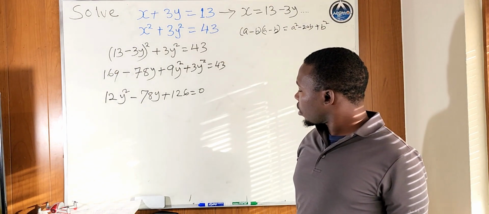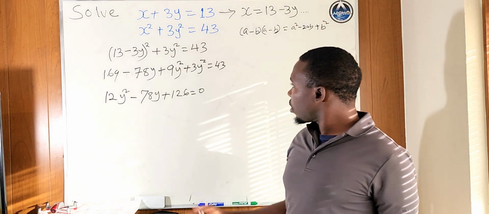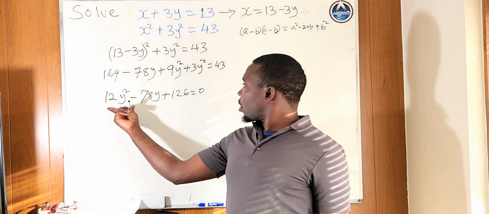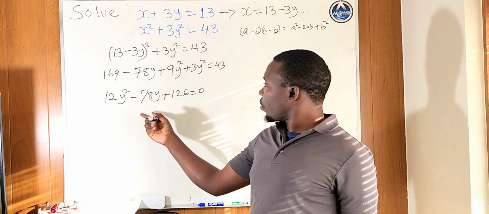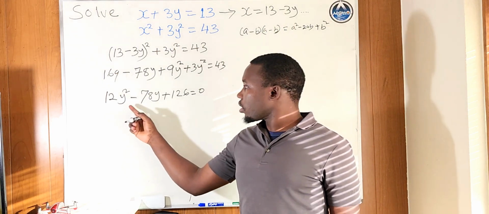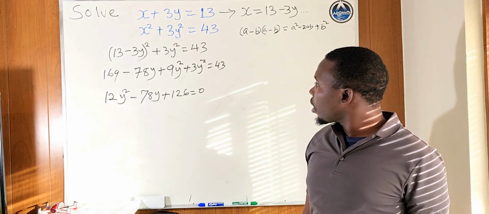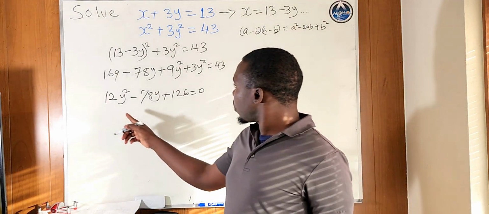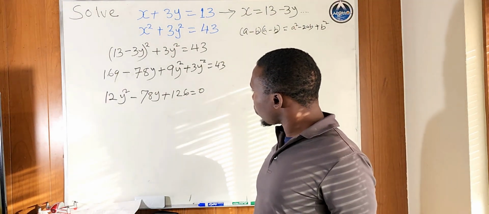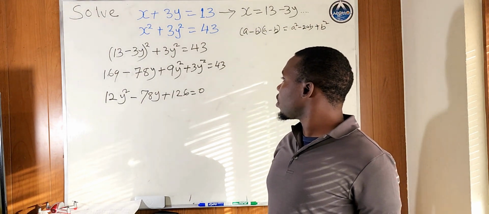Now we have a quadratic expression, and we are going to use the quadratic formula. I can see we can divide both sides of this equation by 6.